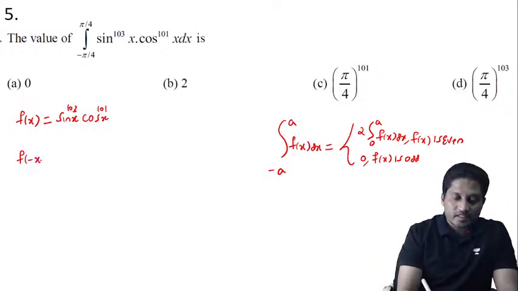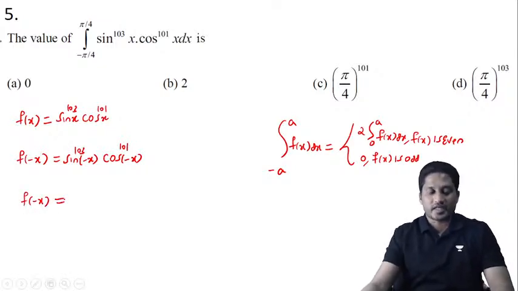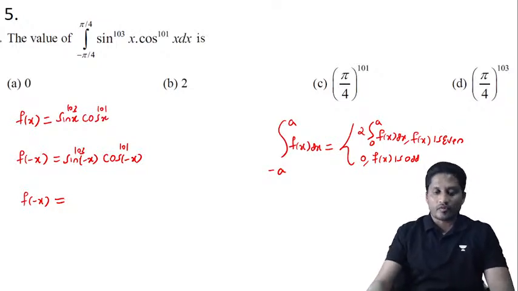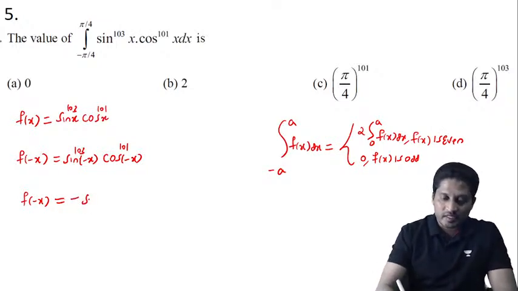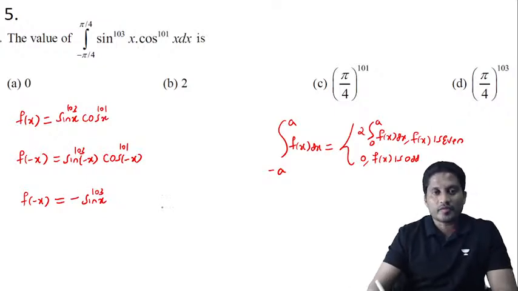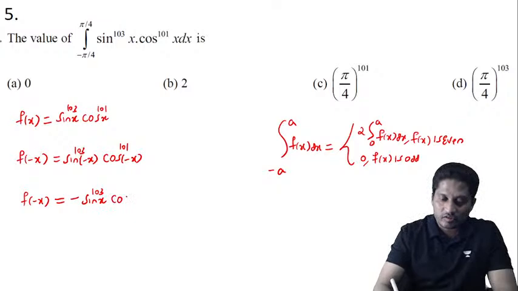F of minus x is equal to sin of minus x whole to the power of 103 and then cos of minus x whole to the power of 101. Sin of minus theta is minus sin theta, and minus to the power of odd will be minus only. So this is minus sin x whole to the power of 103, and cos of minus theta is plus cos theta, so this is cos x to the power of 101.